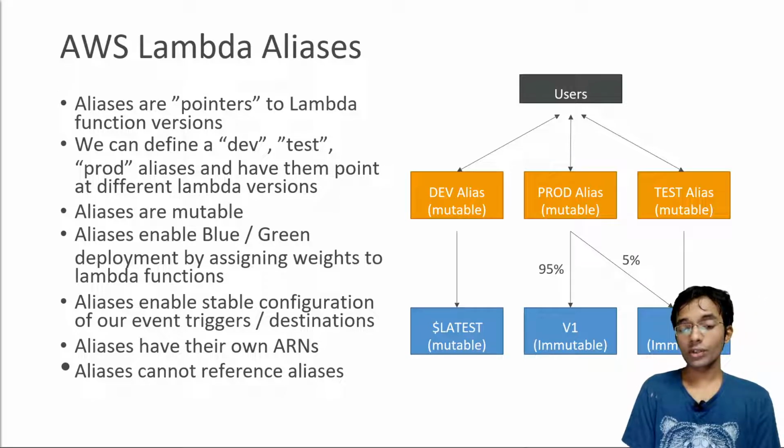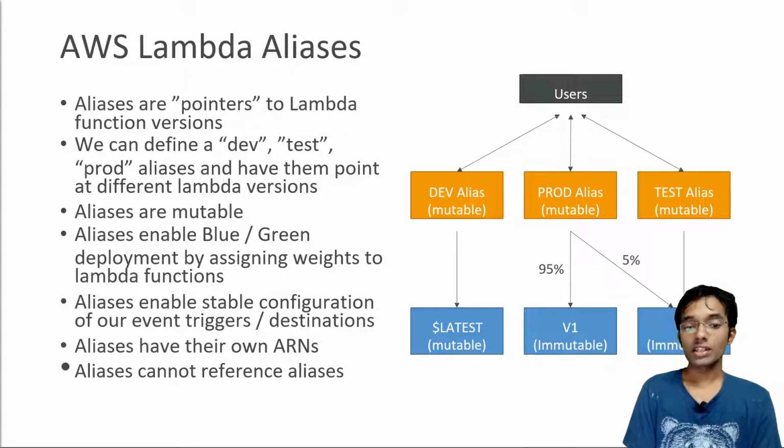We are going to create a dev alias, which is mutable, and which is going to point always to the $LATEST Lambda function we have. So when users talk to our dev alias, which has its own ARN as well, they will be redirected to the $LATEST Lambda function.